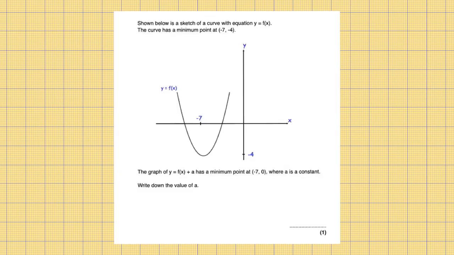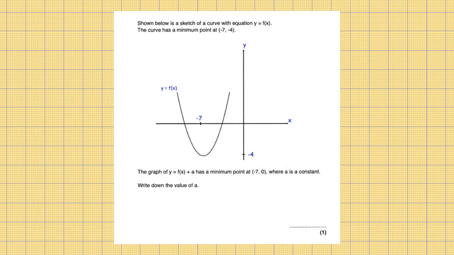Another typical GCSE question is as follows. Shown below is a sketch of a curve with equation y equals f of x. The curve has a minimum point at minus 7, minus 4. The graph of y equals f of x plus a has a minimum point at minus 7, 0, where a is a constant.